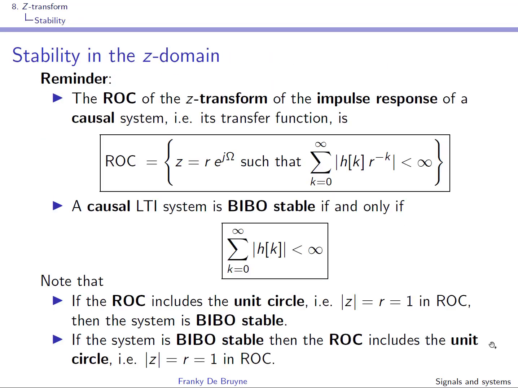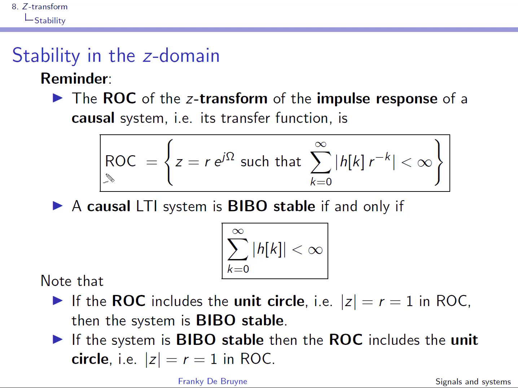It is now time to discuss stability in the z domain, and this stability will of course involve the stability condition in the discrete time domain, and it will link it with the transfer function. This is why we need the region of convergence of the z transform of the impulse response.